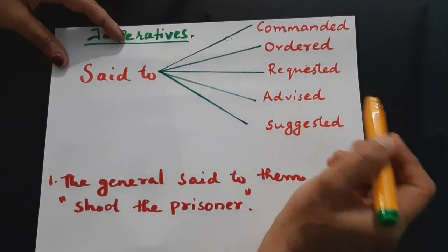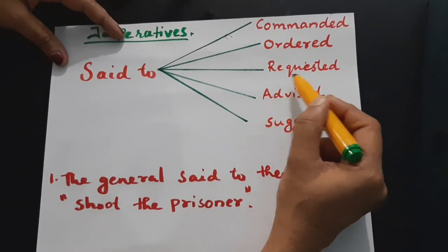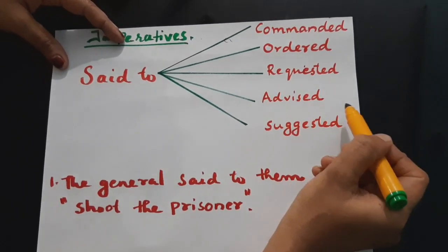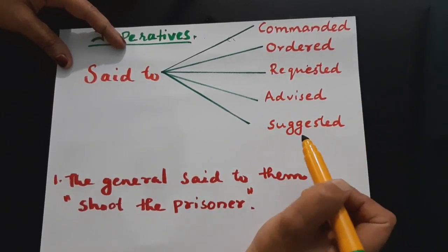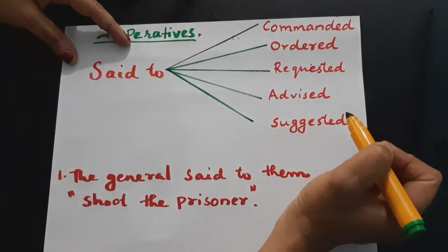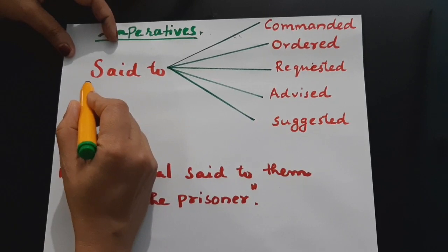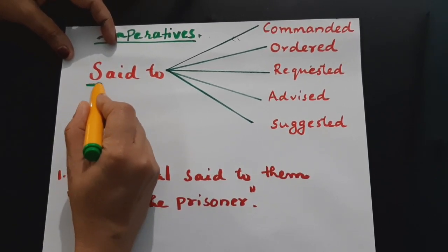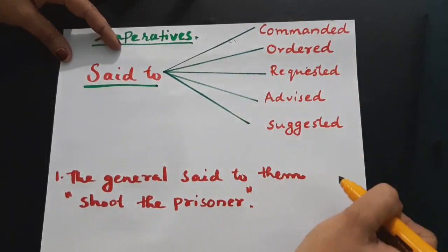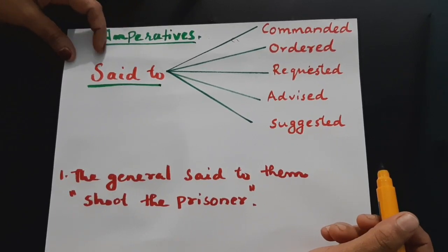If it is a request, you can use requested. If it is an advice, surely you have to use advised. And if it is a suggestion, you can use suggested. So that all depends upon the tone of the sentence. In the direct speech, you will have said to, and that can be converted to all these types of reporting verbs according to the tone of the sentence. Okay, that is it.